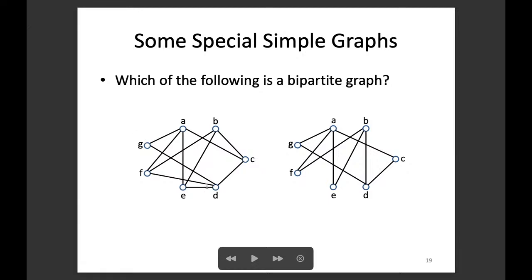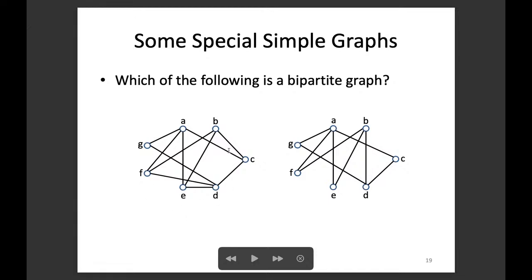And in such a case, all the vertices that are joining this white vertex should be colored as black. And then all the vertices joining the black vertices must be white. So if we can somehow color the vertices in this way without any problem, then in such a case, the graph is a bipartite graph.